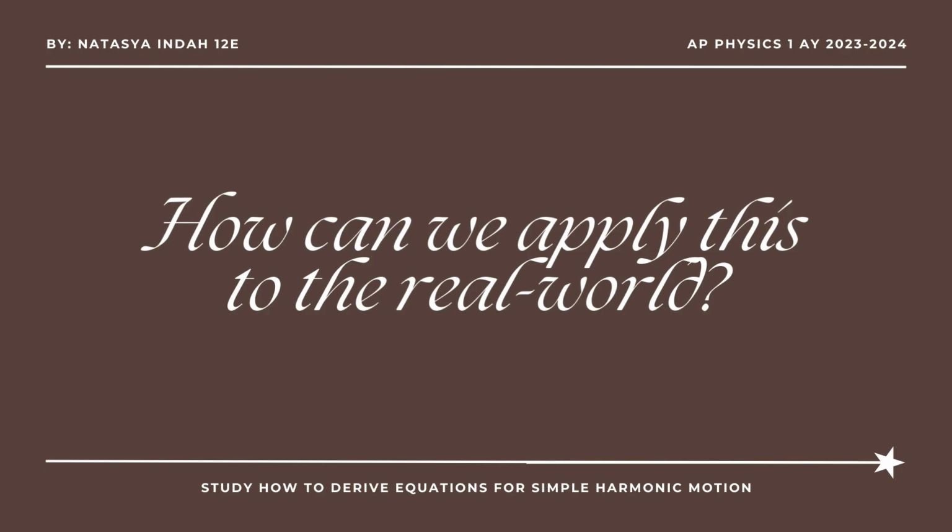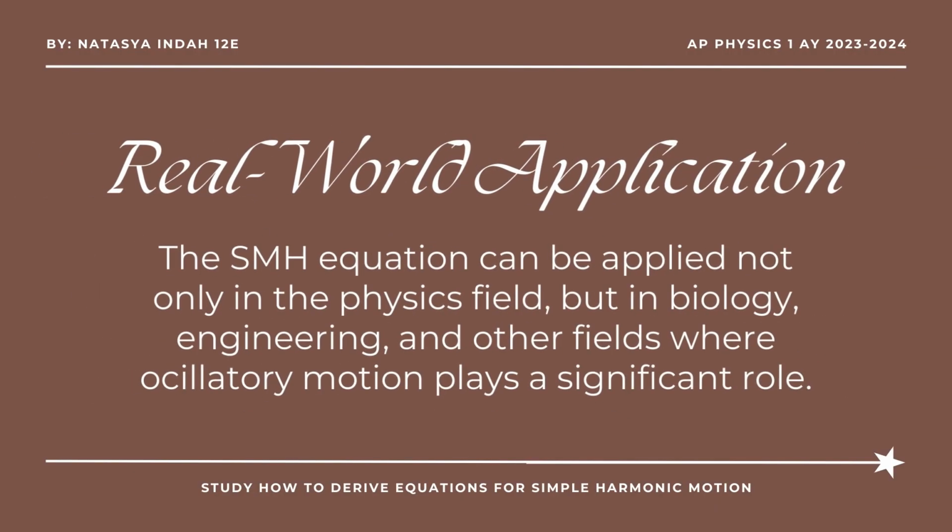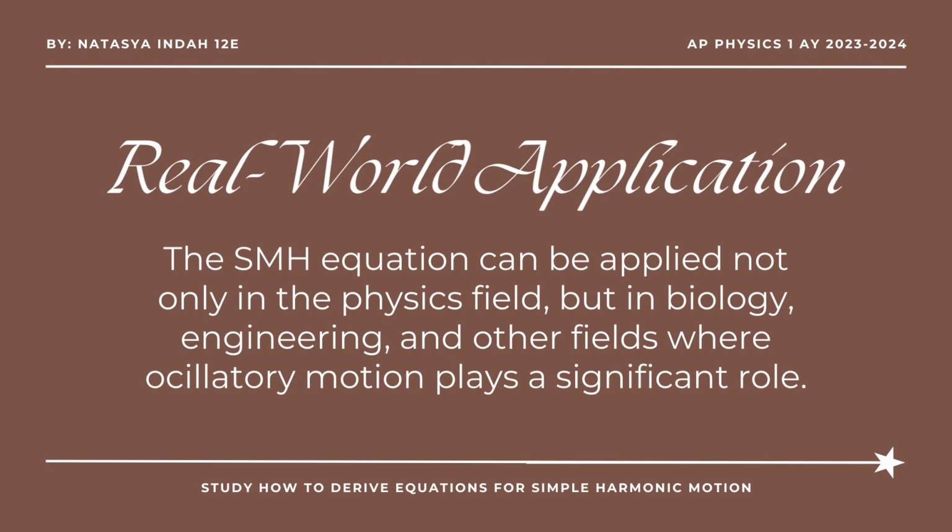Now, how can we apply this to the real world? The simple harmonic motion equation is used not only in physics but also in biology, engineering, and other fields where oscillatory motion plays a significant role.